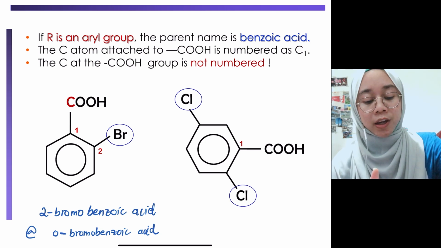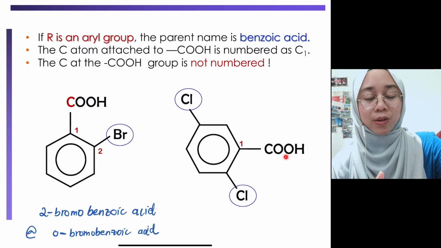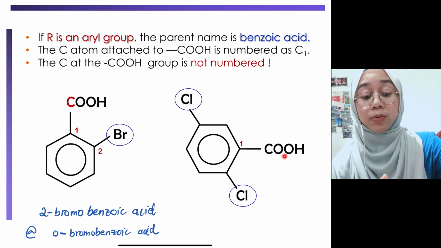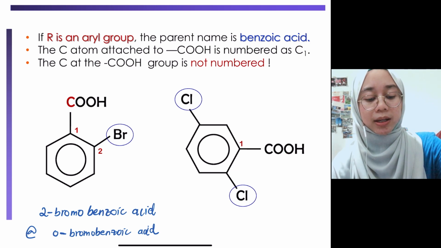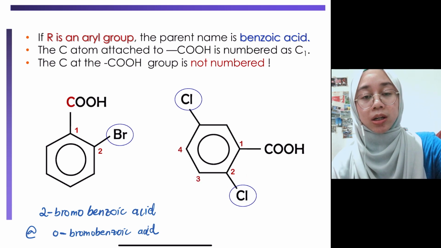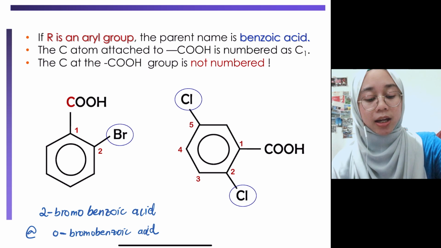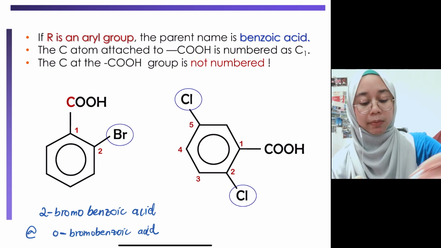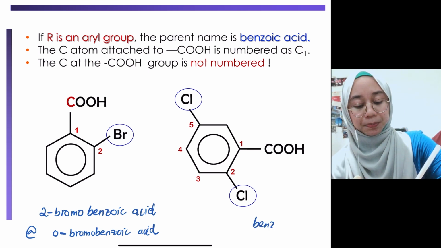Okay, so if dekat sini adalah carbon number 1 because dia attach dengan COOH, so kat mana carbon number 2? So ni just nak apply macam apa yang kita belajar dahulu waktu belajar ke alkane dulu. So your carbon number 2 should be the one yang carbon yang bawah ni. Okay, because terus jumpa another substituent. Okay, because we want to give the substituent the lowest number as possible kan. Okay, so kat sini kita ada benzoic acid tadi sebagai parent.